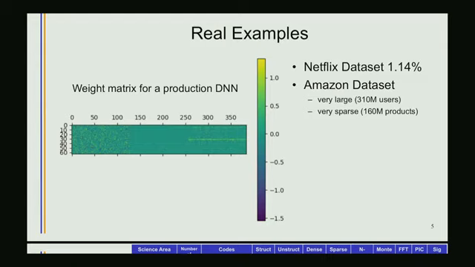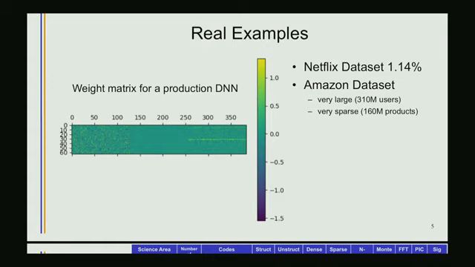Okay, it's just like the Netflix thing, right? That's what a recommender system is. Got a bunch of things, got a bunch of users. Which of these things will that one user most likely buy? So we built the system for them using AI techniques, built a deep neural network to do it. And what I want to show you here is the weight matrix for that deep neural network for a production recommender system.